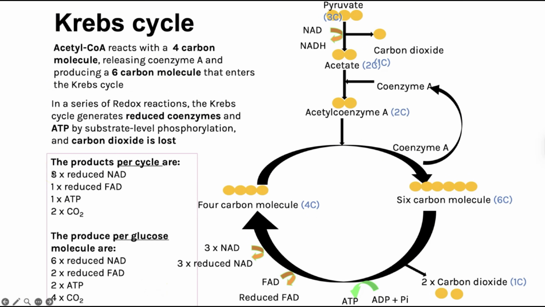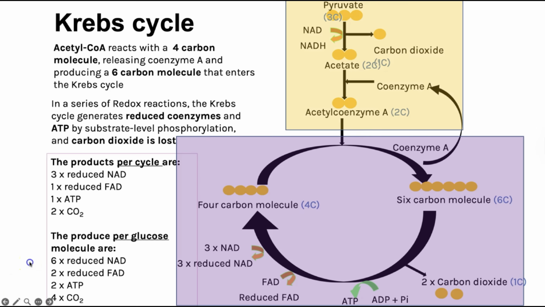So the product per cycle is 3 reduced NAD, 1 reduced FAD, 1 ATP and 2 carbon dioxides, but per glucose molecule, which is really how we should do it, because in aerobic respiration, we will have 1 glucose molecule entering, which means the cycle will happen twice because we get 2 pyruvate, therefore 2 acetyl-CoA. So that means from 1 glucose, we have 6 reduced NAD, 2 reduced FAD, 2 ATP, and 4 carbon dioxide molecules.